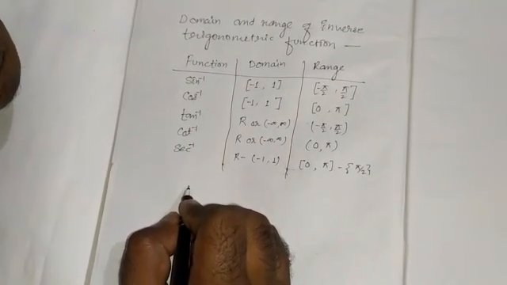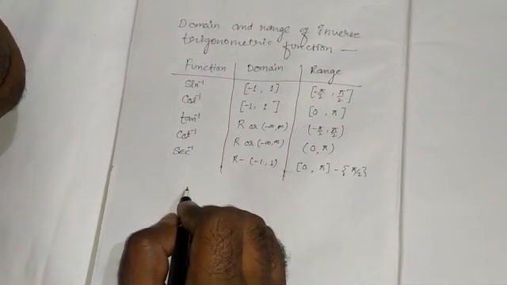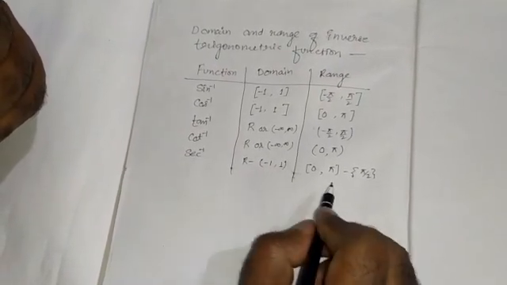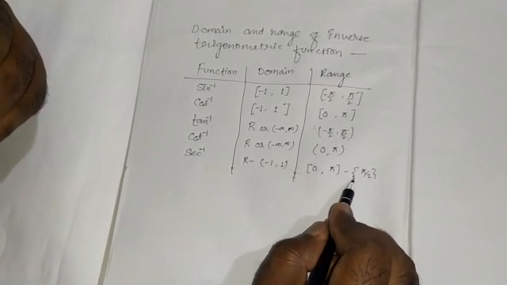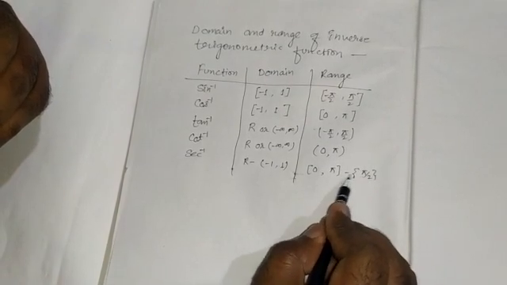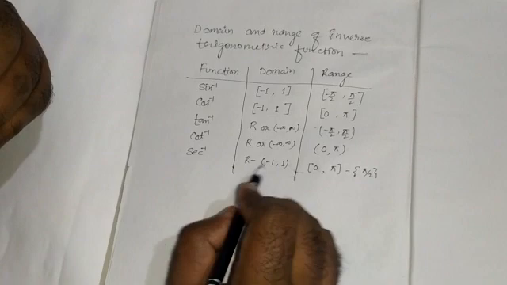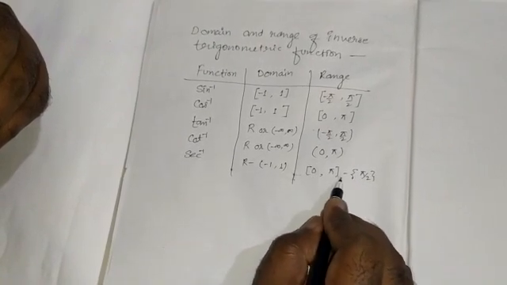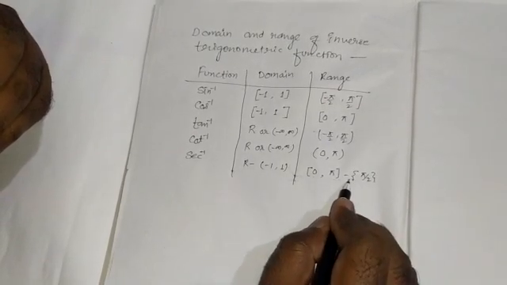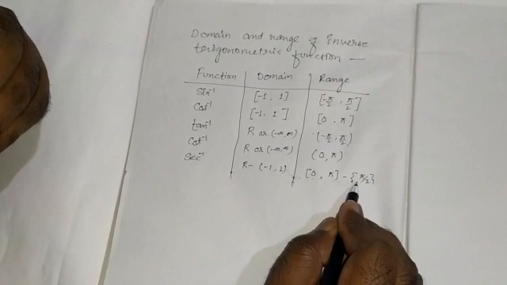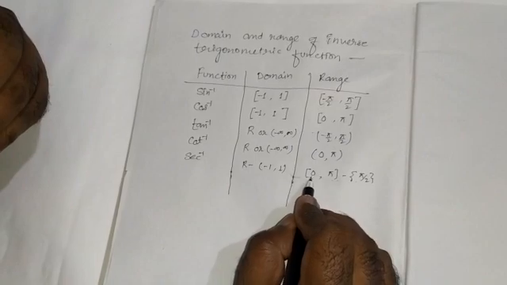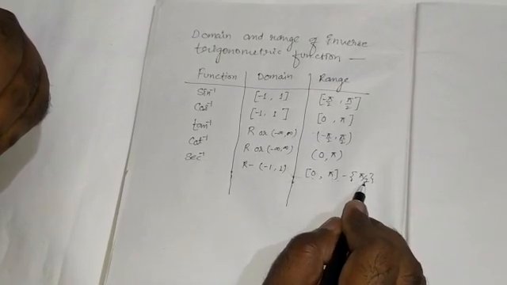So sec π/2 does not exist on the number line, so in the range of sec inverse we do not get any pre-image in the domain for π/2, so we have to eliminate it from the set 0 to π. So we write 0 to π closed interval minus only one element, π/2, meaning all the numbers between 0 and π except π/2.